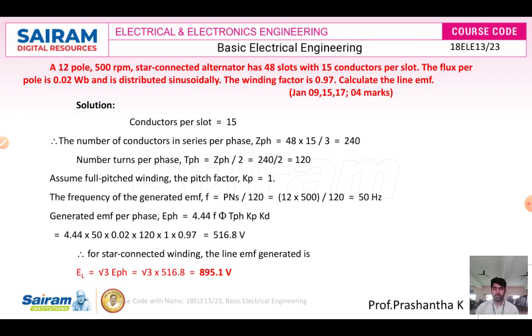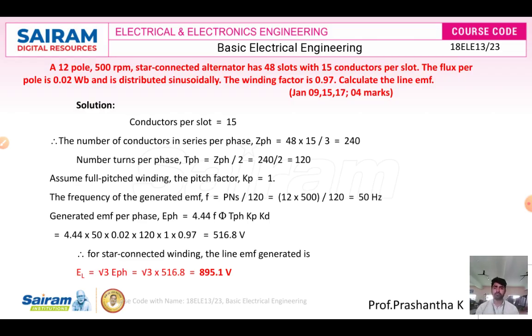A star connected alternator has 48 slots with 15 conductors per slot. The flux per pole, whatever the field magnet produces, is 0.02 Weber, distributed sinusoidally.